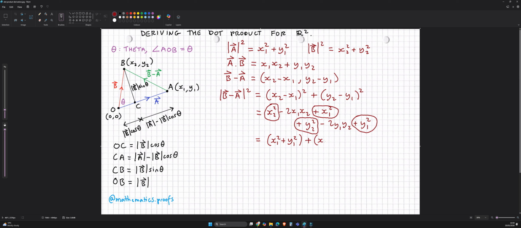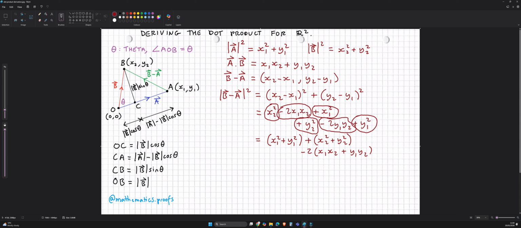And then we get minus 2 multiplied by x1 x2 plus y1 y2. And that is because of these two expressions over here.